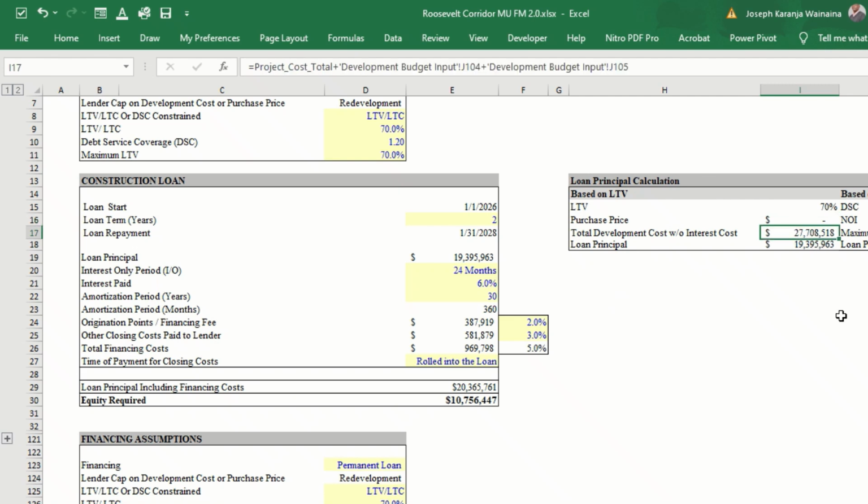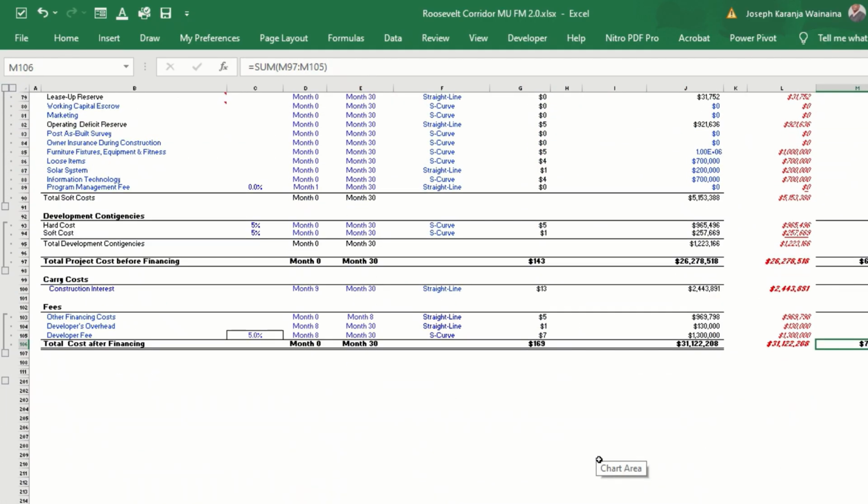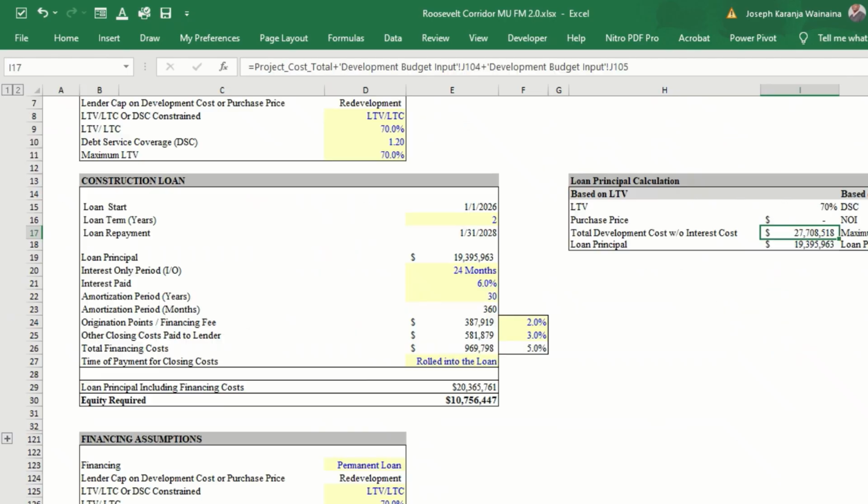You can see here we do have the total development cost based on the total budget here. That's the total development cost minus the interest financing costs. So you can see it is there. Then you have the loan principal in that section. So if it's based on 70% LTV, this is the loan amount that should be provided.